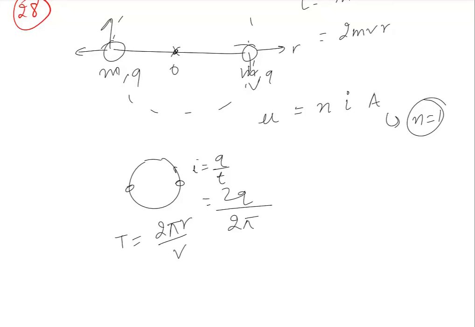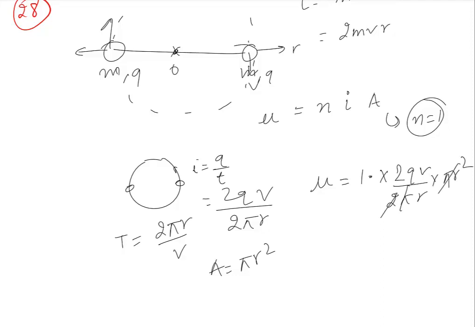So we'll put over there 2 pi r, velocity goes to the top, and area lastly is pi r square. So mu comes out to be 1 into 2qv over 2 pi r into pi r square. Pi gets cancelled, 2 gets cancelled, and r gets cancelled, and mu comes out to be qvr.